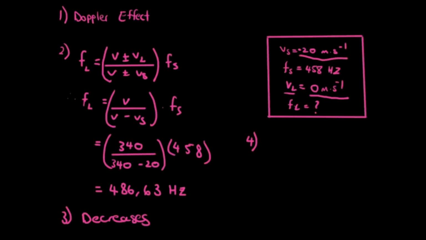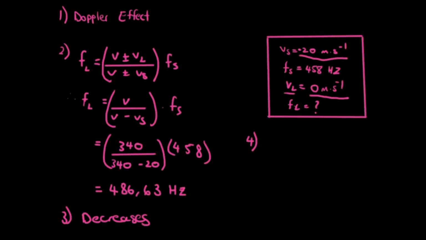Well, this is how we can think about this question. The train driver is driving the train that is emitting the frequency of sound at 458 hertz. So the velocity of the train driver is equal to the velocity of the train because he is moving with the train.